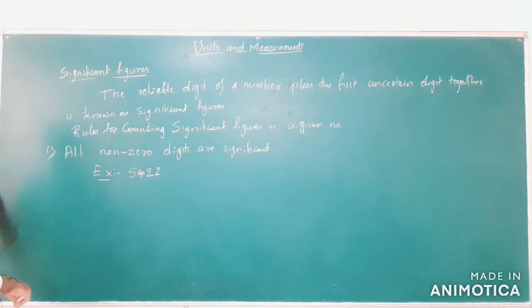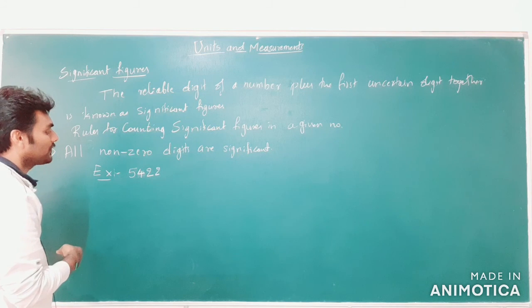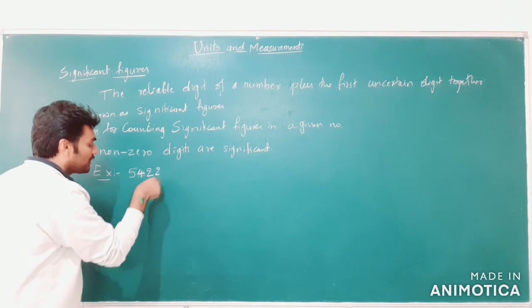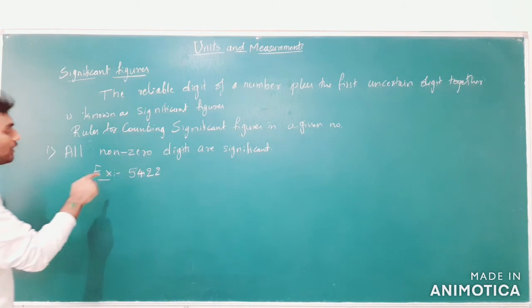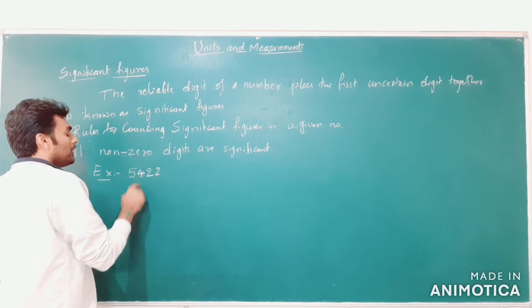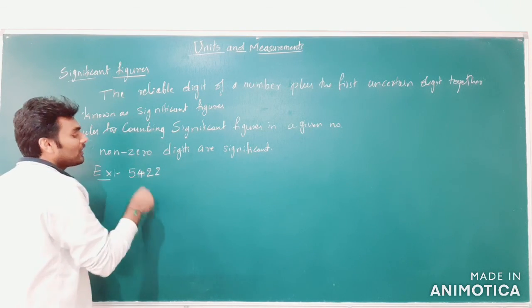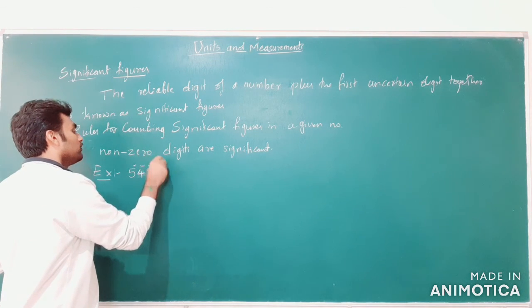For this number, the total number of significant figures in the given measurement is, according to the rule, all non-zero digits are significant. So I should count how many non-zero digits are there: 1, 2, 3, 4.